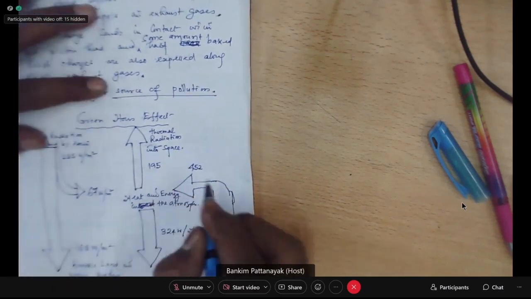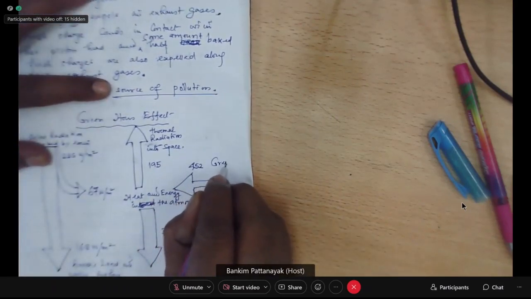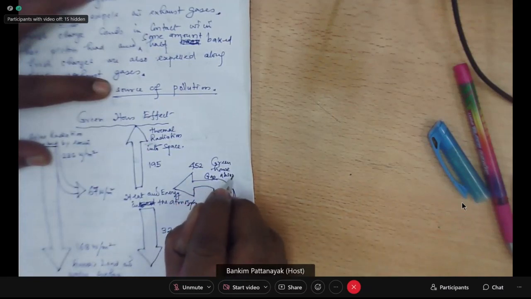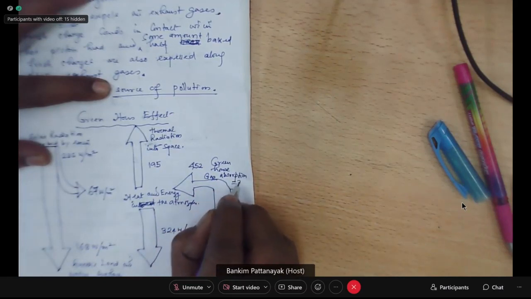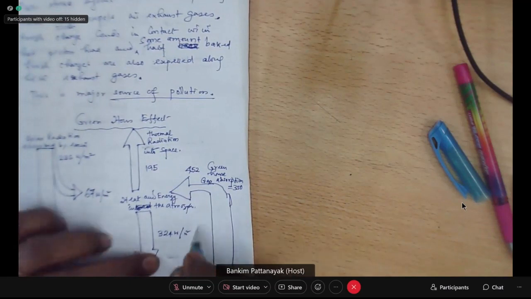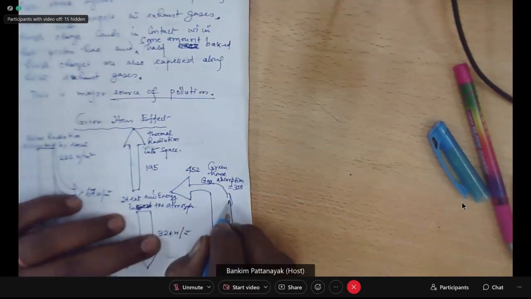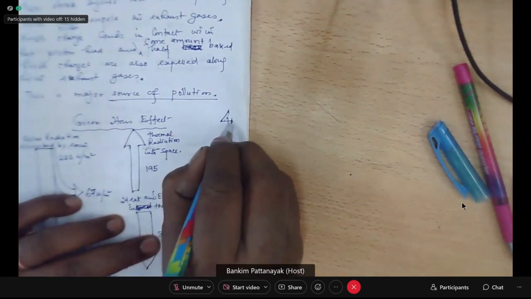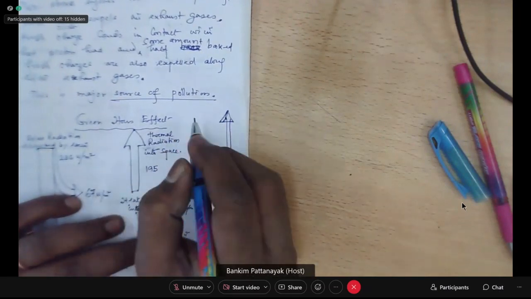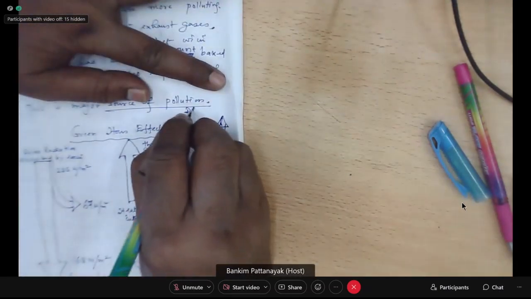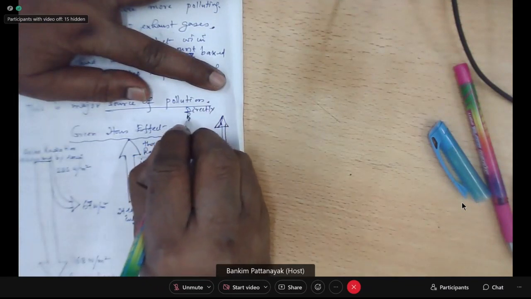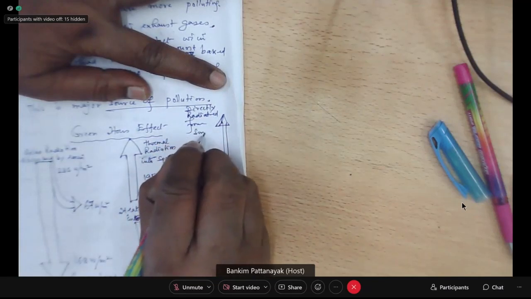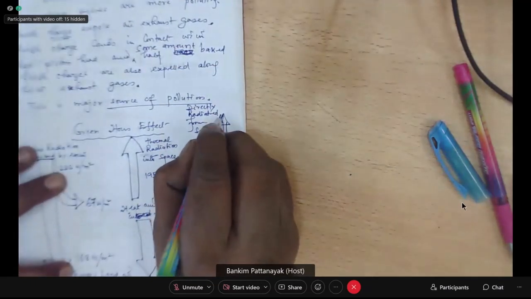Greenhouse gas absorption is 350. And directly radiated from surface is 40.